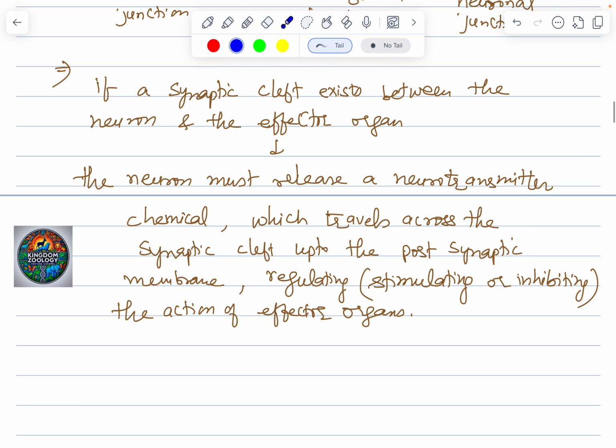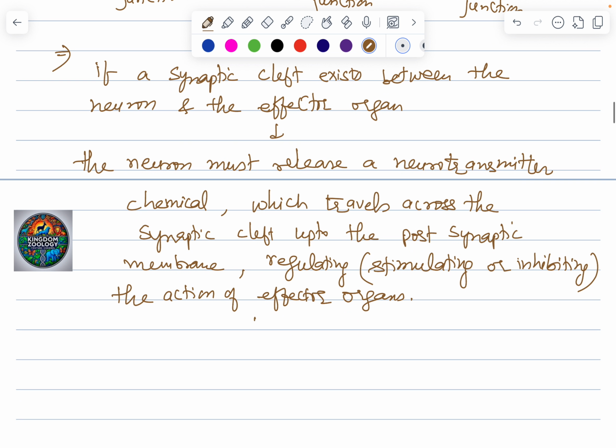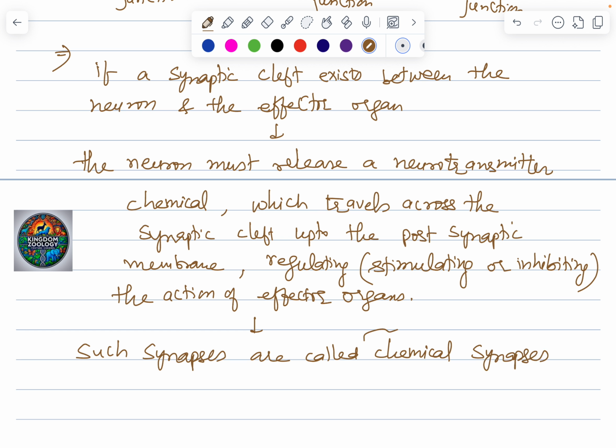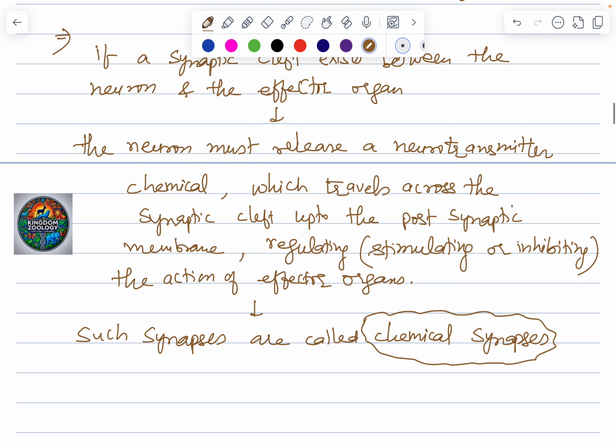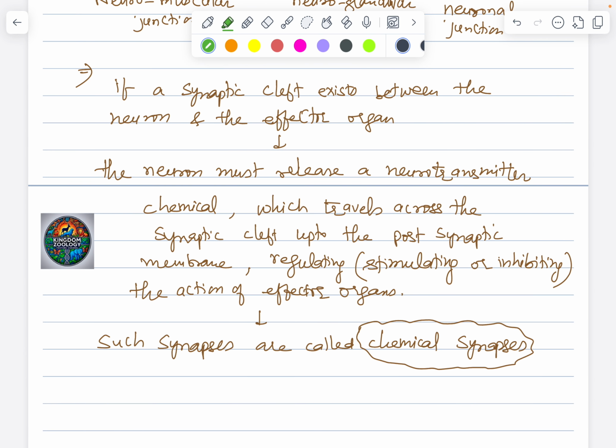So the neuron has to release a neurotransmitter that goes across the cleft up to the postsynaptic membrane, regulating the actions of the effector organ, and such synapses in which a synaptic cleft is there and the neuron has to release the neurotransmitter are called chemical synapses. Why? Because what is involved in these synapses? The release of a neurotransmitter chemical.